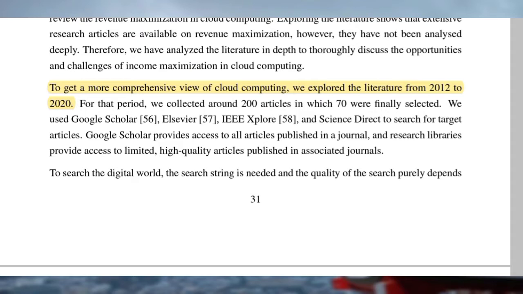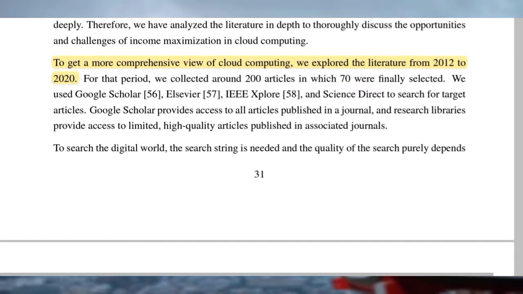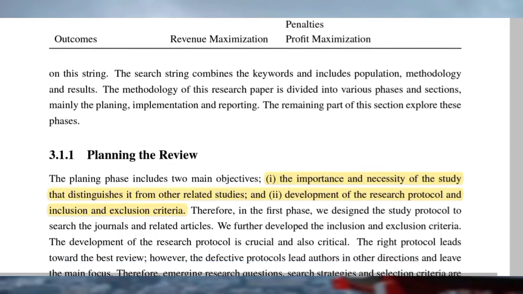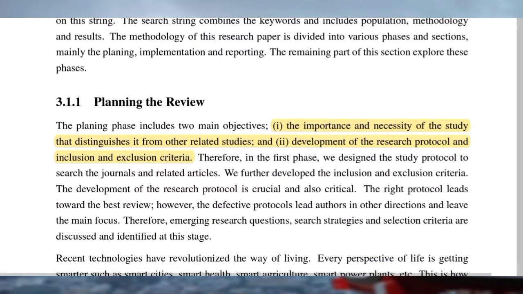The total papers I collected were 200, and of these 200 papers, 70 were finally selected and 130 were rejected. The question is how these 70 papers were selected and how the 130 papers were rejected. All these things were done in the planning, because we planned what we are going to include and what we are going to exclude.